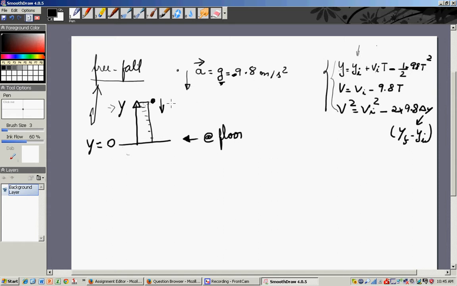So my initial position is not going to be 0. My initial position is going to be at the top of the building. If the building has 30 meters, I'm going to write on my y initial 30 meters. Does that make sense?